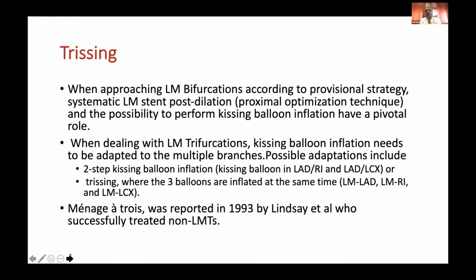Well, just like we have kissing, and kissing is of significance, we triple kiss or a ménage à trois has been called as trissing, and this can be either done sequentially. But if you have metal in all three vessels, then even by doing a kissing may not be enough.